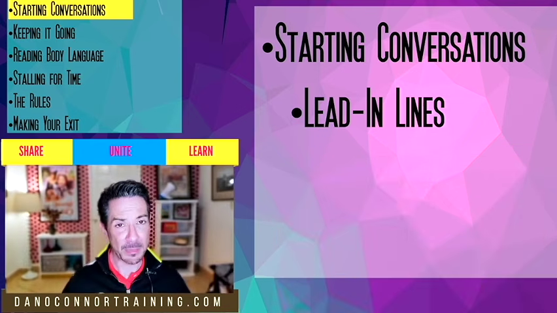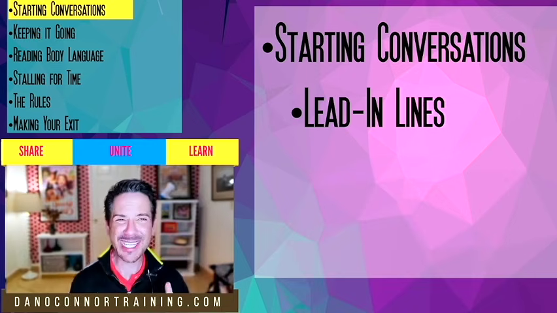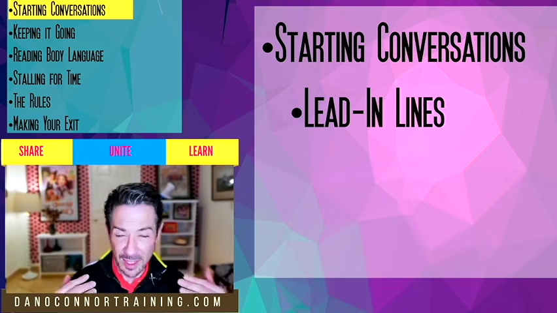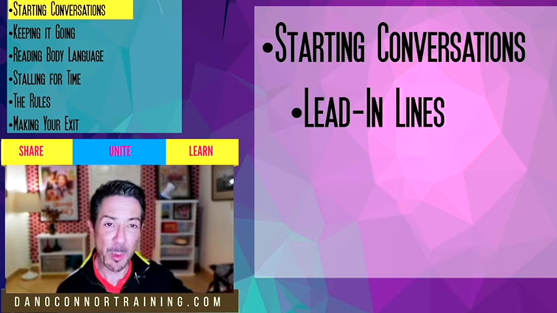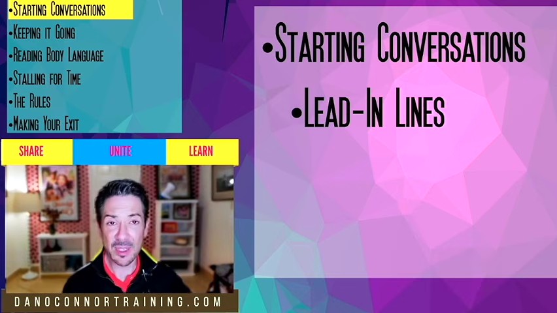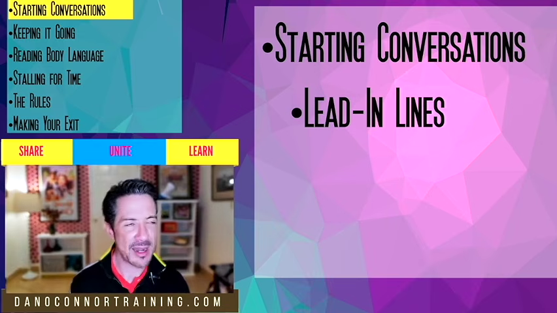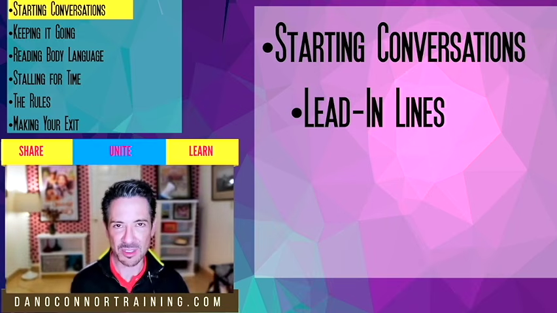Okay, now that seems simple, right? But here's the thing. There are so many things that we will do on an unconscious level that other people will pick up on a subconscious level that send messages that we are not comfortable in this situation. And if we are communicating with somebody, what that means is, I am not comfortable with you.